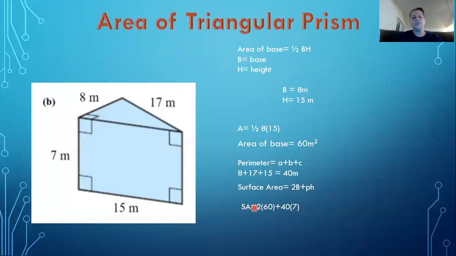So we're going to do 2 times 60, because that is the area of the base, plus 40 times 7, which is the height, and that gives us the surface area of 400 centimeters squared.